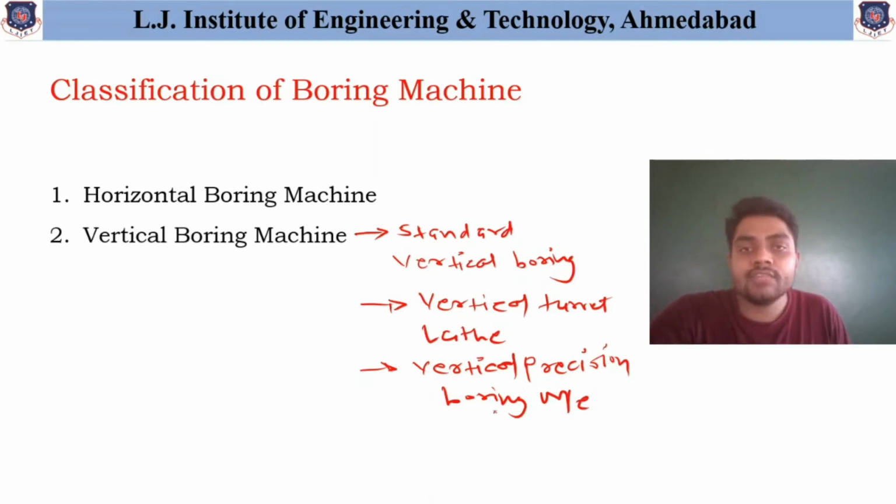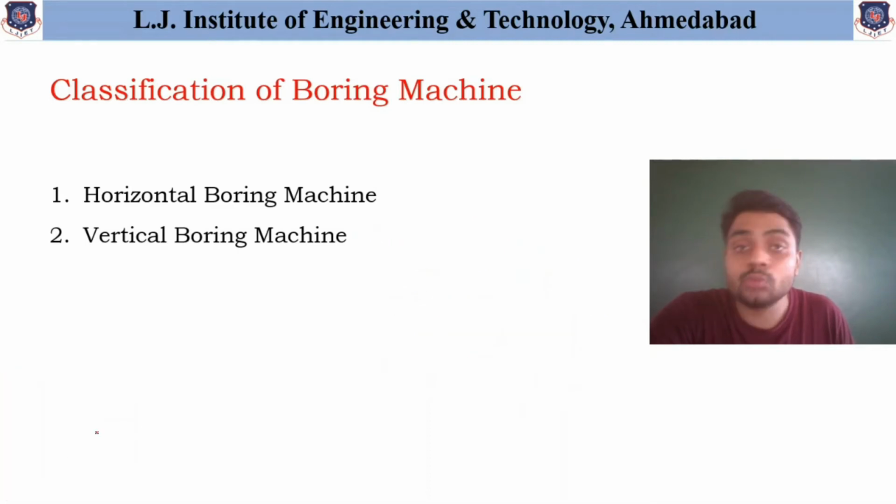So these are the different varieties available in the case of vertical boring machine. And the third one, which is also most important from an exam point of view, is the jig boring machine.